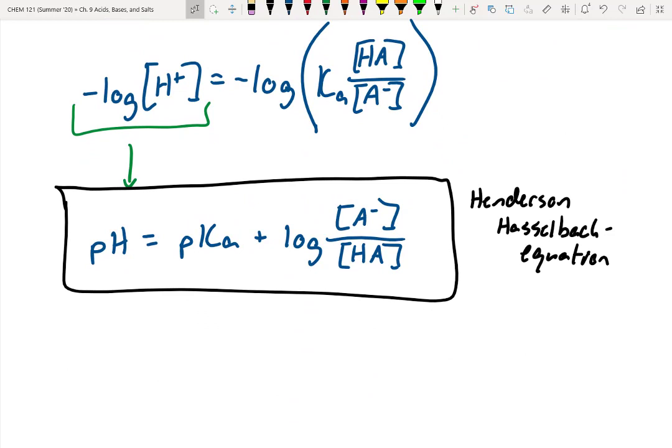The cool thing with this is that the pKa is a constant, meaning you can find it in a table.